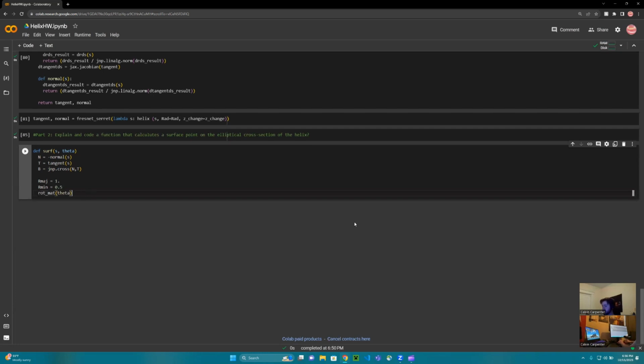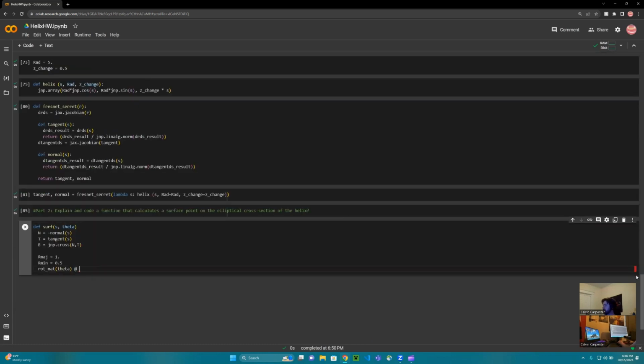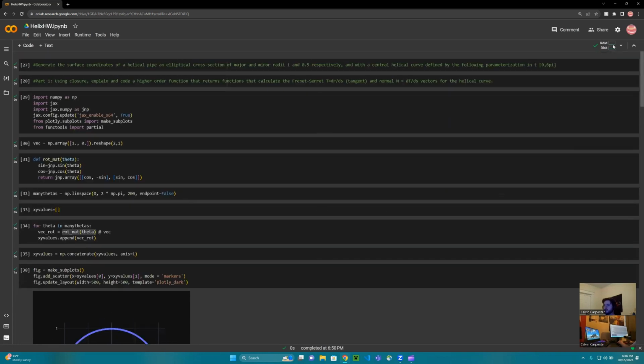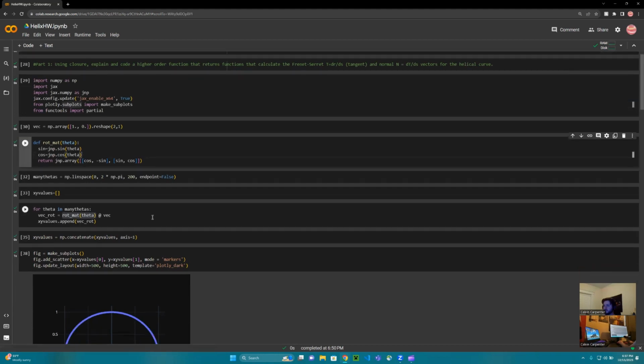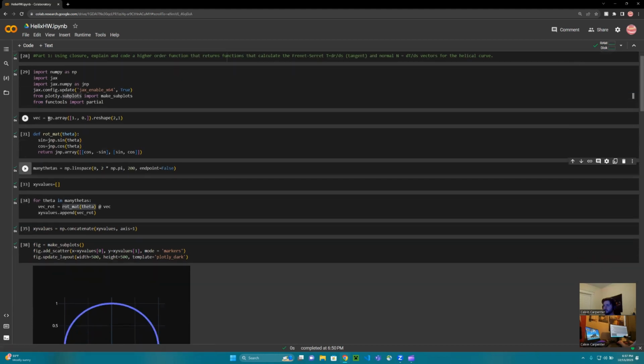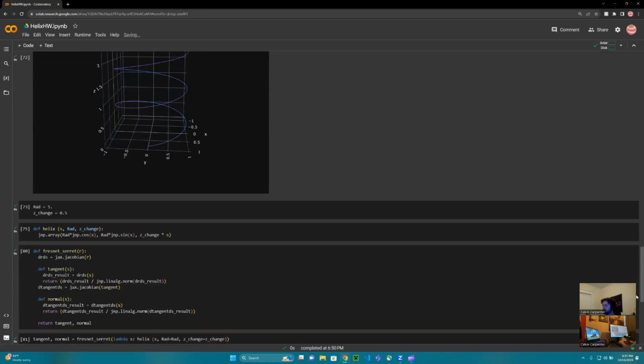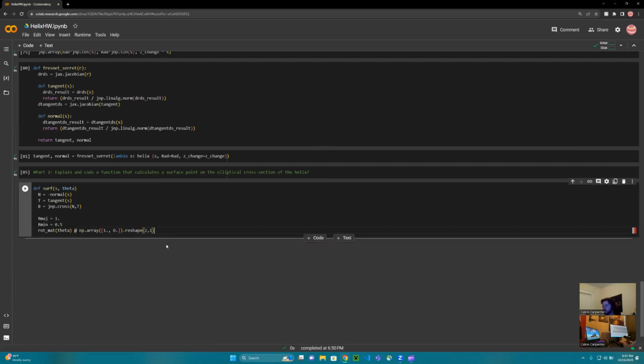This one's going to be vector multiplied with, what was it again? Oh, it's this guy, JMP array. We're going to rotate this reshaped vector here. It's just going to be set as just a V, I guess.